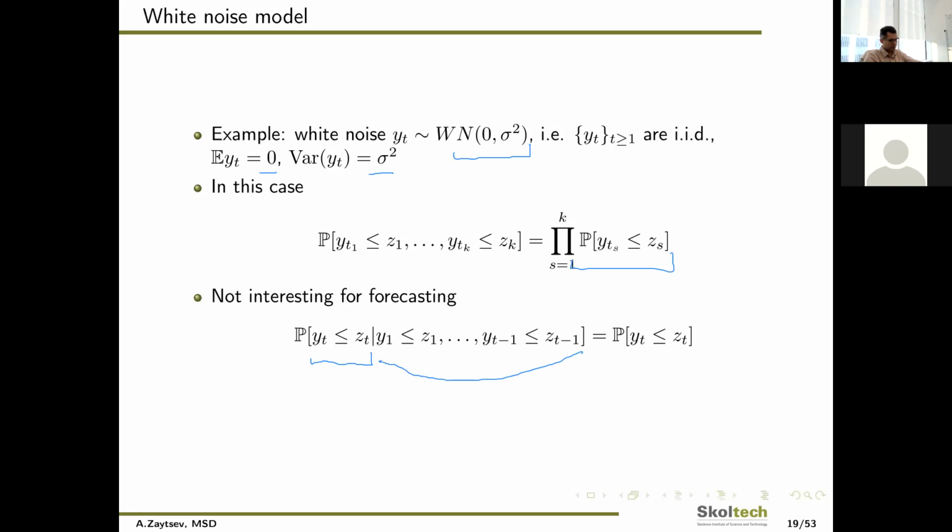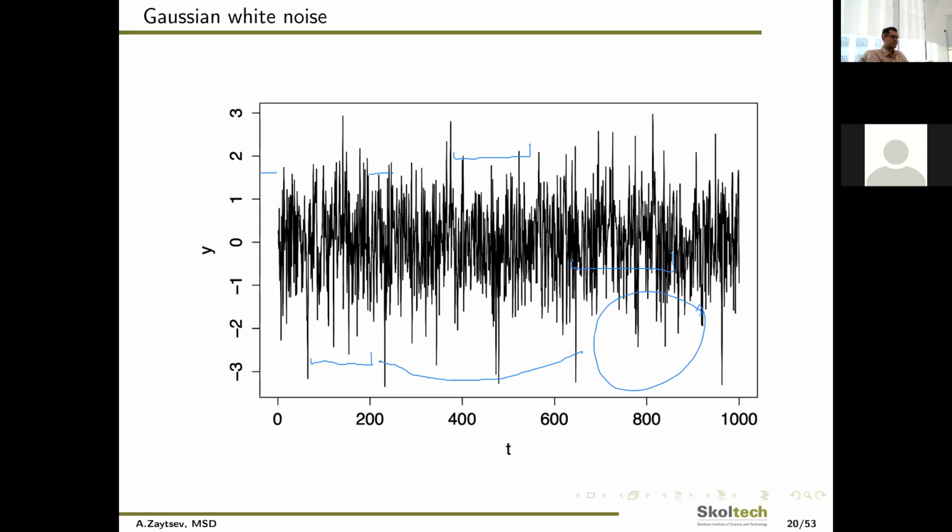Practically, if we look at this formula, yes, you can calculate this density, but no, you can't make this density sharper or more precise if you look at previous observations. Okay, nice model, useless model, but I think a good point to start.